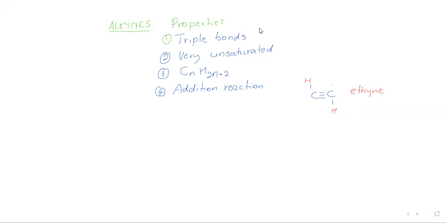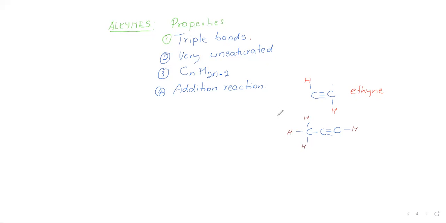And then we'll go to 3 carbons, or we can put it here. And then that will be hydrogen there, hydrogen there, hydrogen there, hydrogen there, hydrogen there.